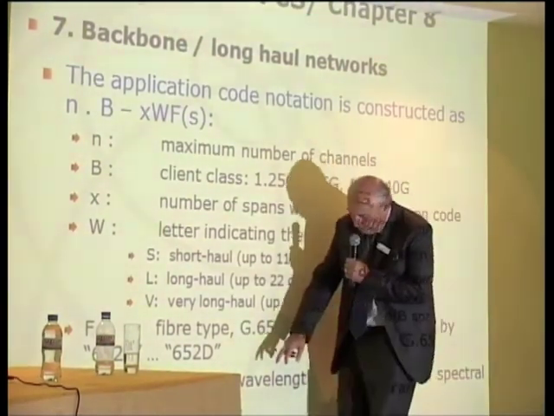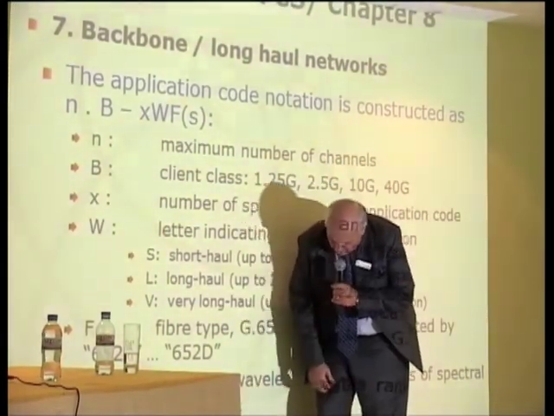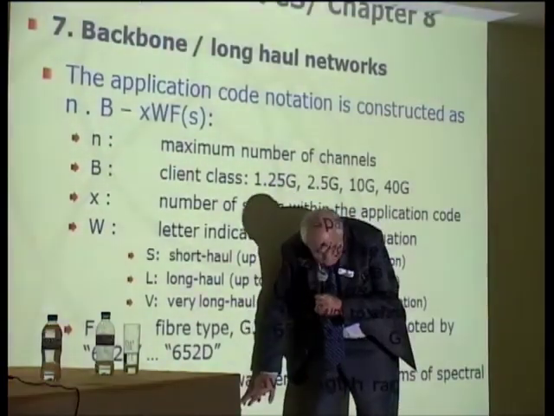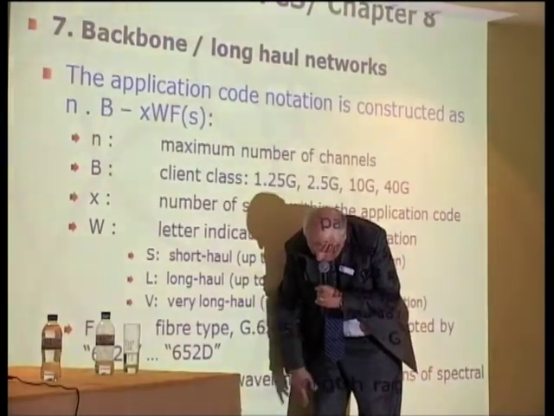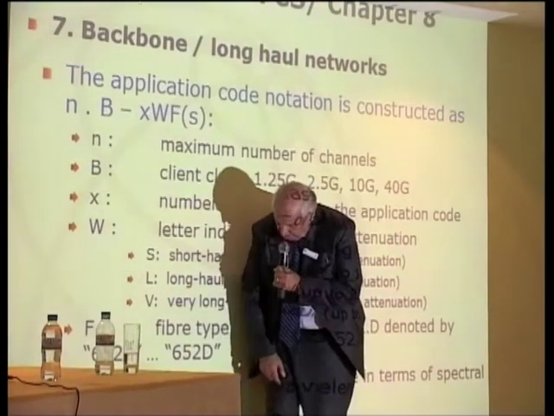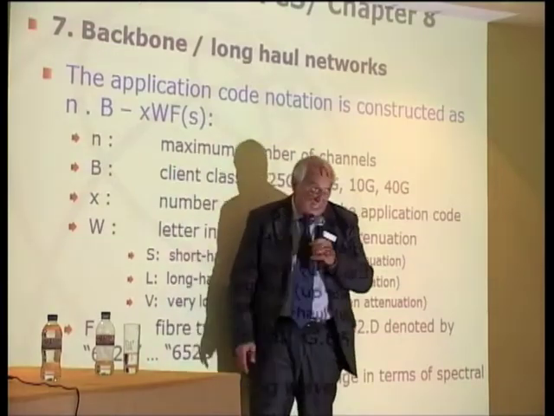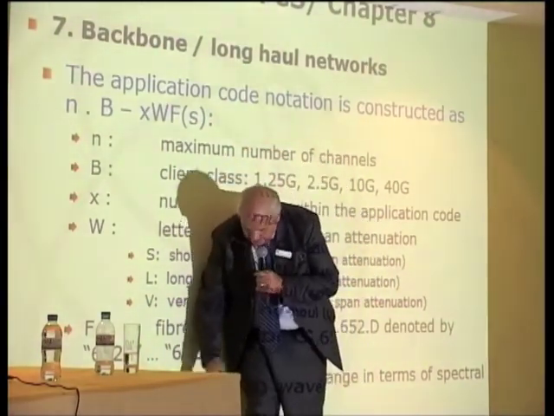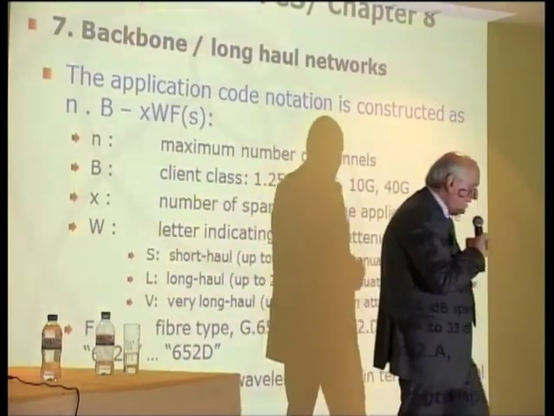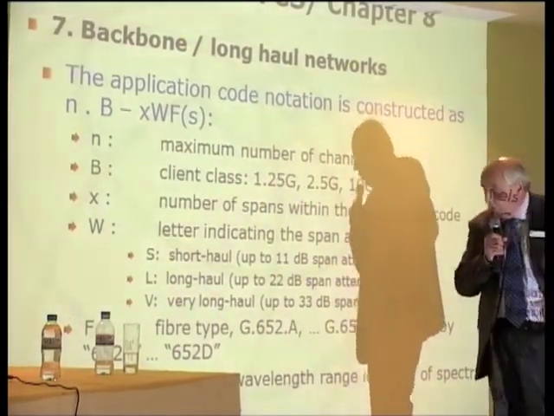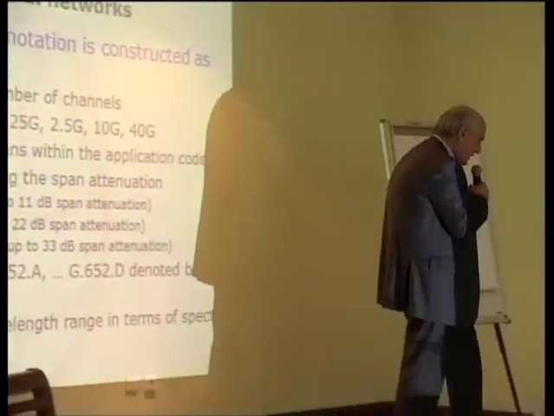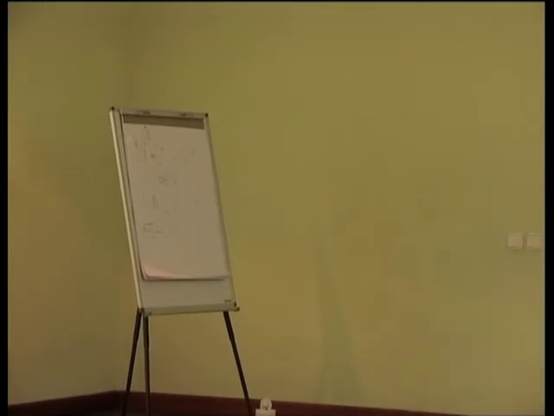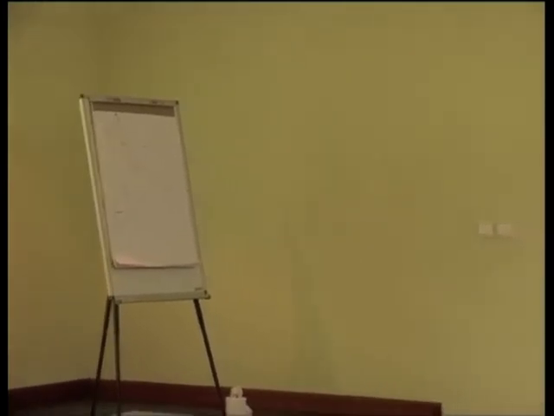This is the conventional, just around 1550. This is the large bandwidth, short, original, which means second window, around 1300. And this is the extended bandwidth, which is between O and S, and has been made possible by the new fiber types.